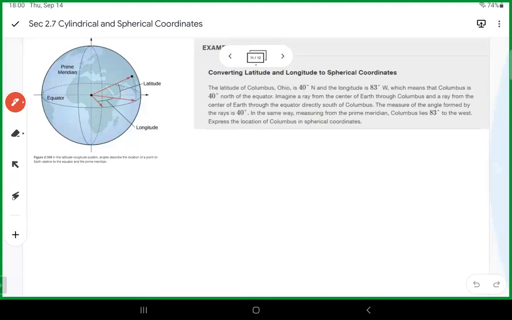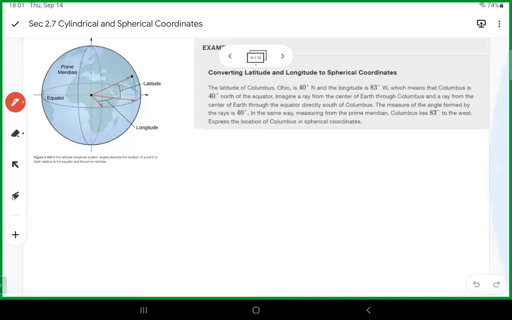Imagine a ray from the center of Earth through Columbus and a ray from the center of Earth through the equator directly south of Columbus. The measure of the angle formed by the rays is 40 degrees. In the same way, measuring from the prime meridian, Columbus lies 83 degrees to the west.